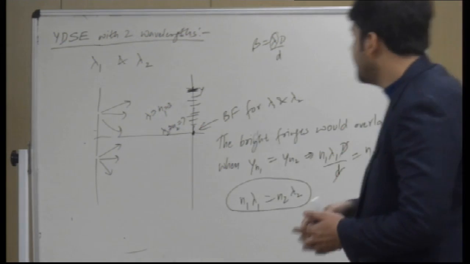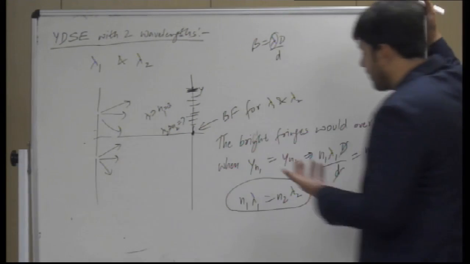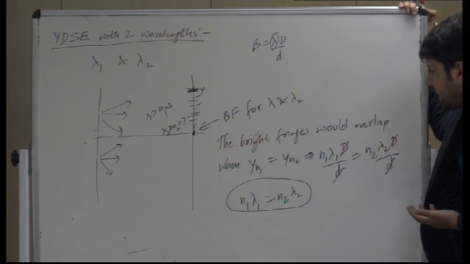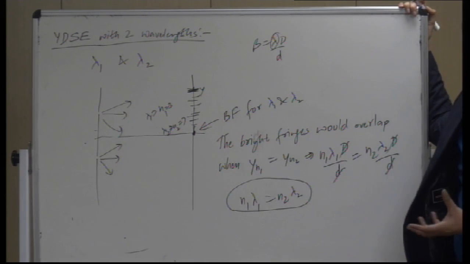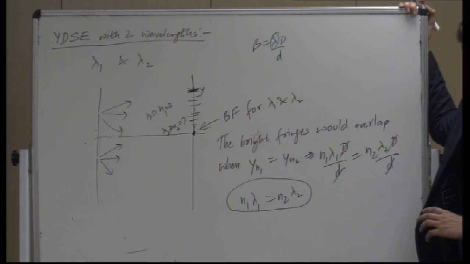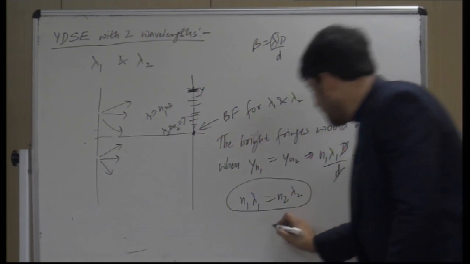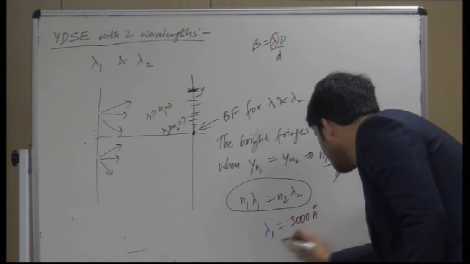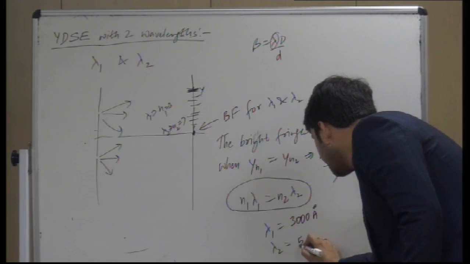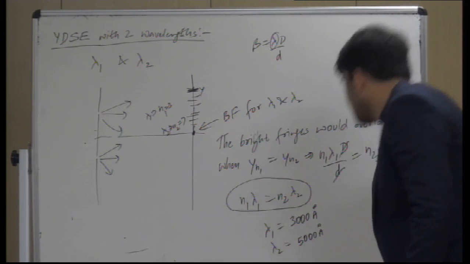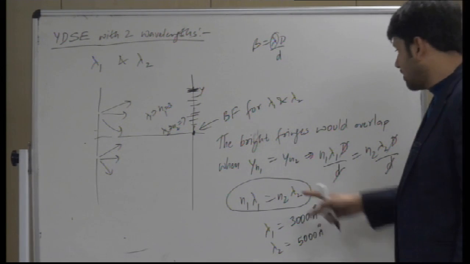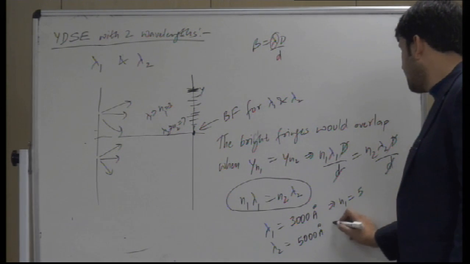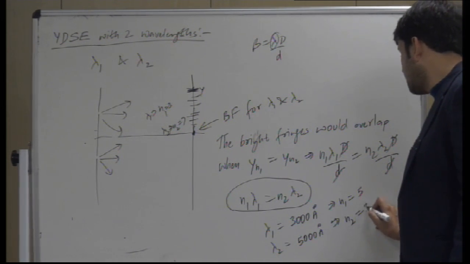We need to find where it is satisfied for the first time. So n1 and n2 should be the smallest possible values at which this happens. For example, if wavelength 1 is 3000 angstrom and wavelength 2 is 5000 angstrom, these two products would be equal only when n1 is 5 and n2 is 3.